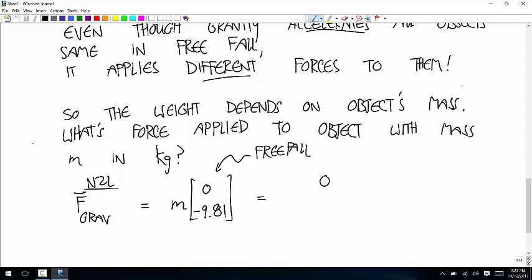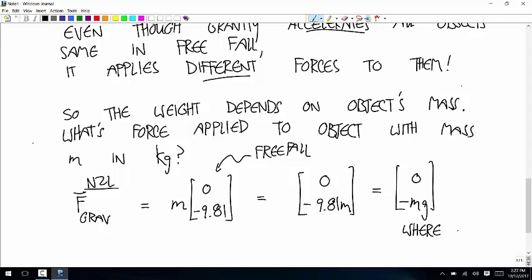And so the force vector is 0, negative 9.81 m. Or you can think of that as 0, negative mg, where g is the constant positive 9.81 meters per second squared.